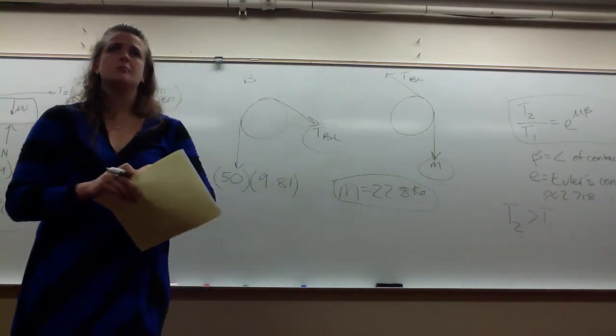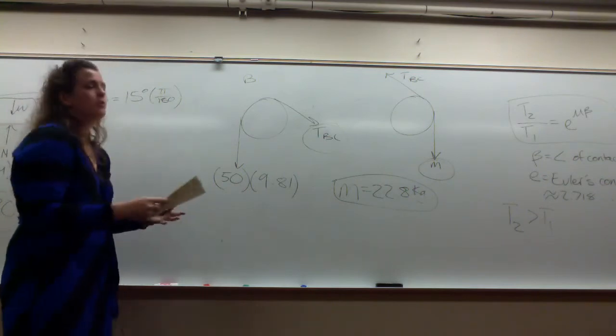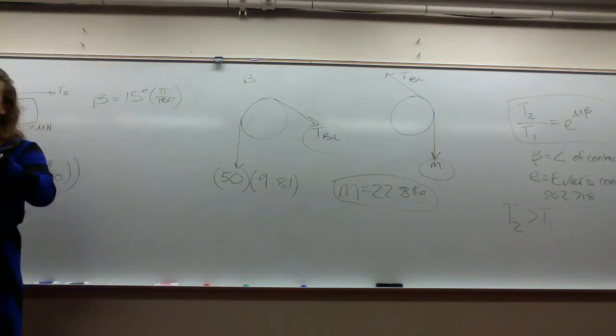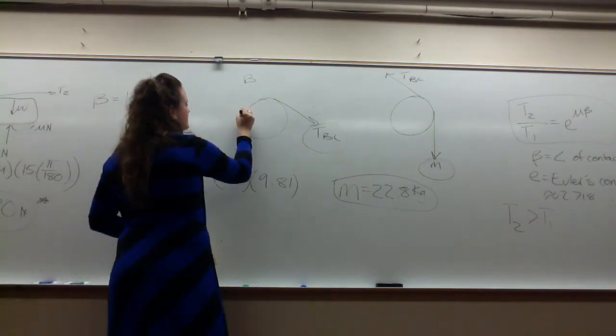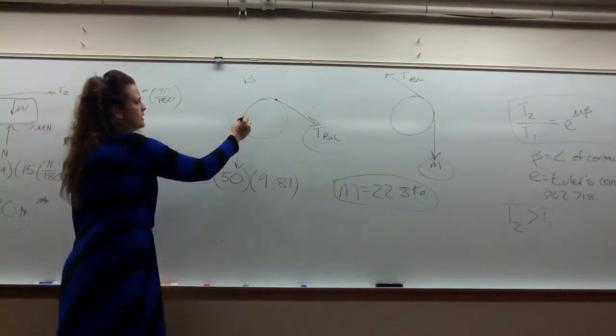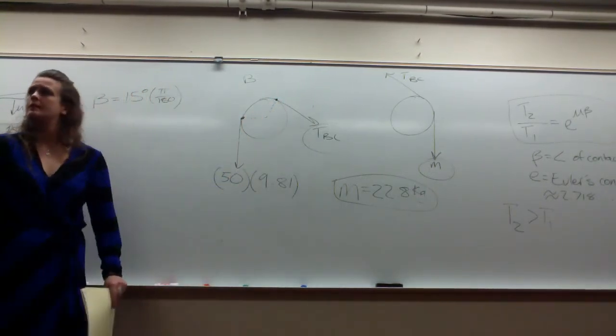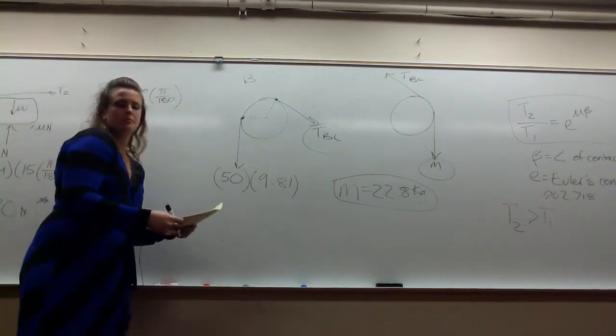Any other questions on pulleys? Yeah, Will? I'm kind of confused on how to find the angles. So which angles would you use? Look at your points of contact. This one's a little more straightforward than the rock. If we have our points of contact, I have two points there. So what's your point of contact?